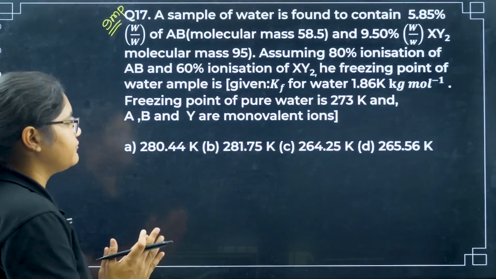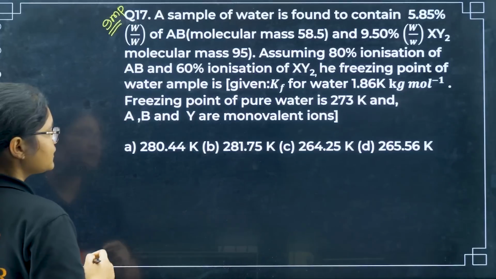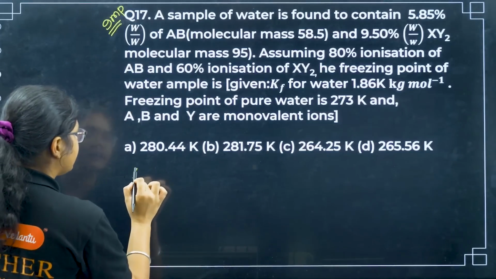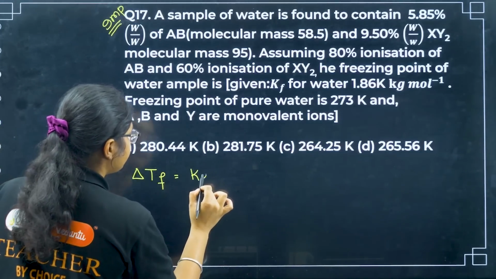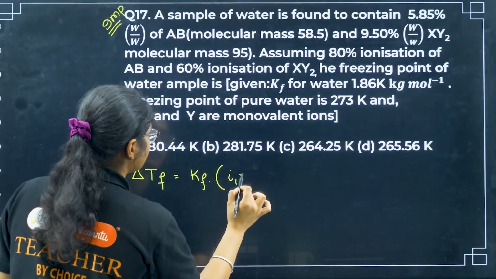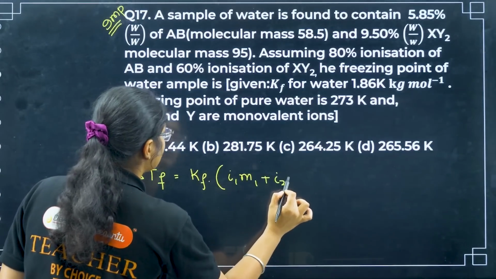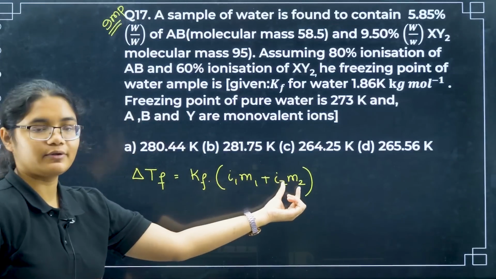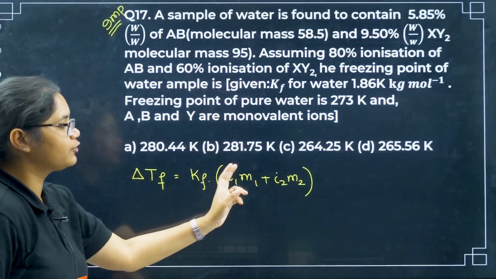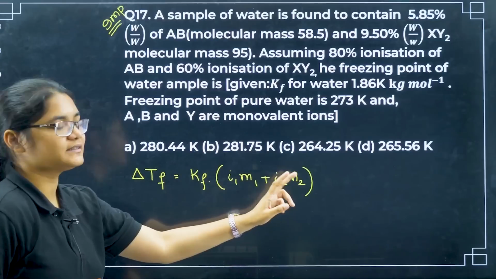So we have a very simple formula here. First of all, I have delta TF is equal to KF into (I1 M1 plus I2 M2). In the previous question also you saw we did M1 into M2. Now if they are having electrolytic solutes, then I1 M1 plus I2 M2.